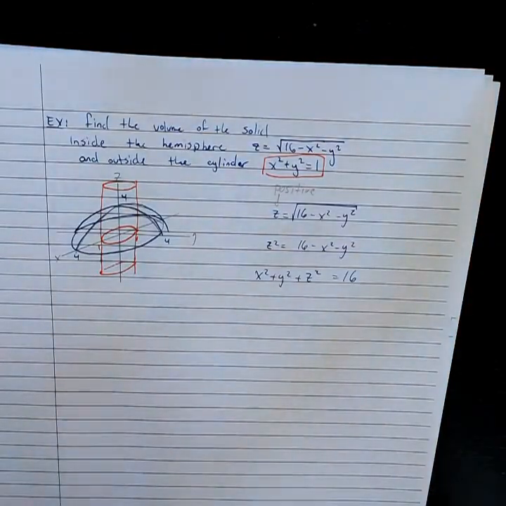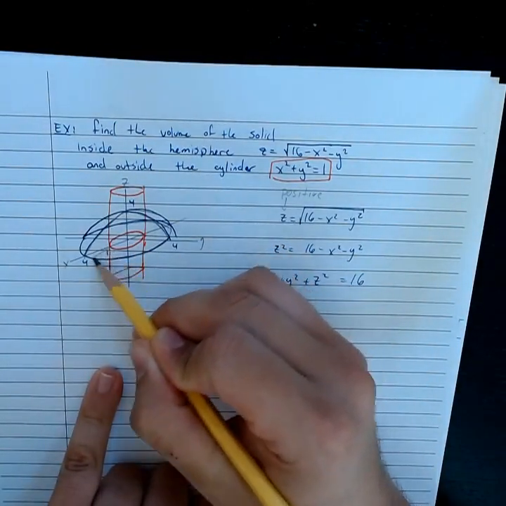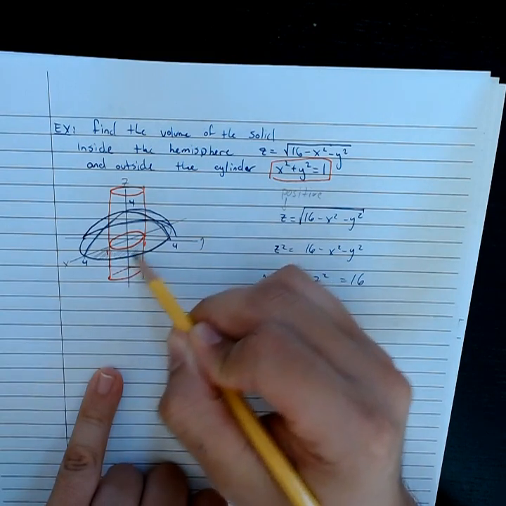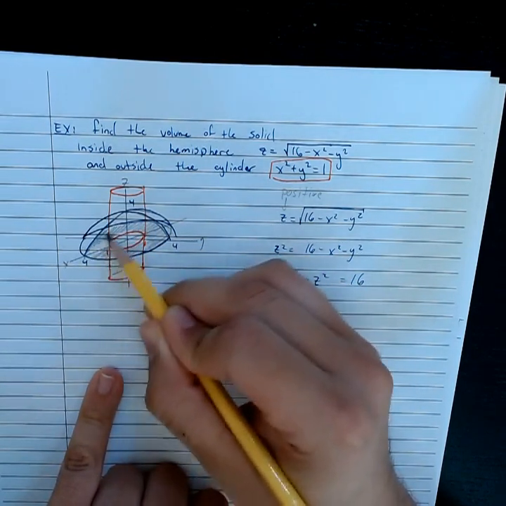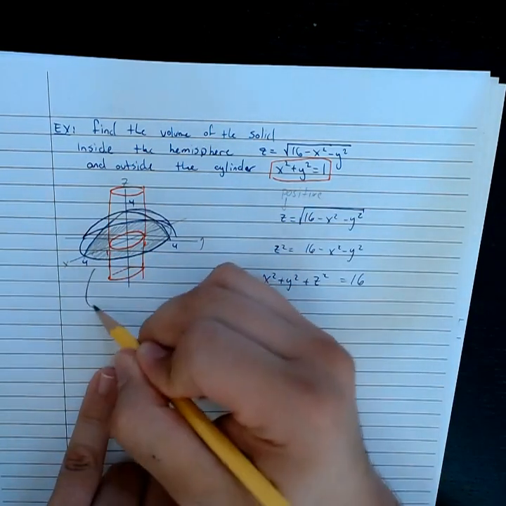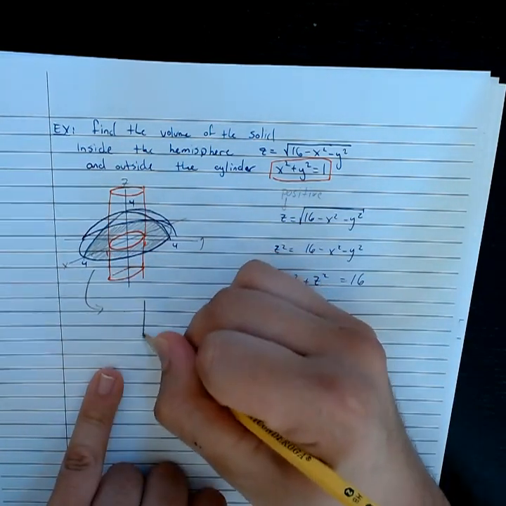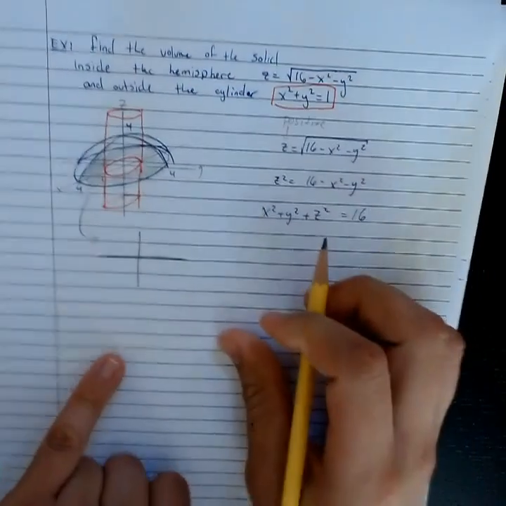All right, so let's take a look at our region. Look on the xy plane. This is all the stuff that's outside of this circle of radius 1 and inside a circle of radius 4. It's outside of the cylinder and inside of the sphere. If I look at just my region R, it's reasonably simple.